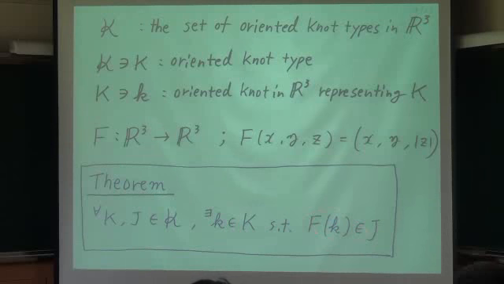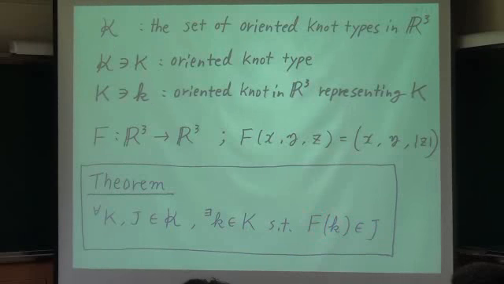This may be a singular knot, but it may still be a non-singular knot. So this says that F of k is still a non-singular knot, and that represents the knot type J.